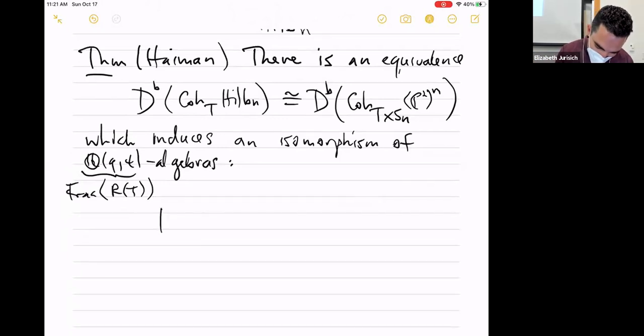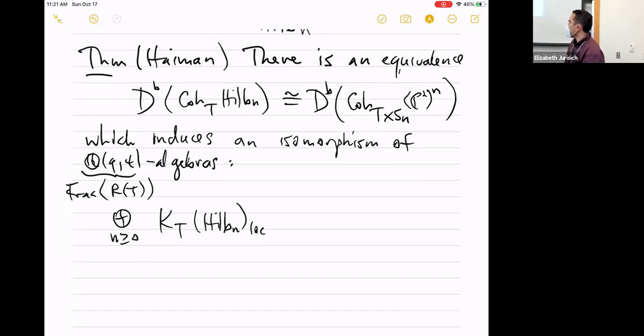So here's what you get. You get K_T(Hilb_n) localized, direct sum over all n, is isomorphic to the K-theory of the other side.